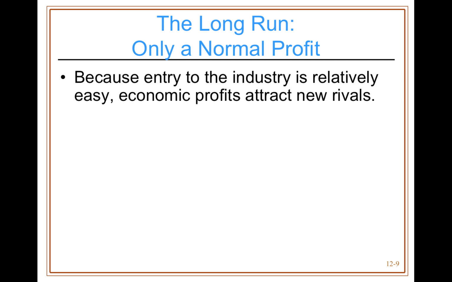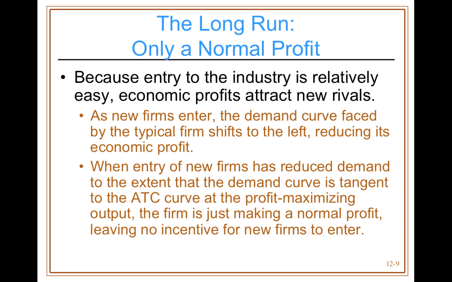Since entry is relatively easy, economic profits will attract new rivals into the industry. And as those new firms enter, the demand curve faced by the typical firm will shift to the left, and that will reduce economic profit.